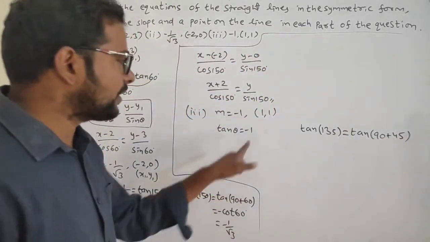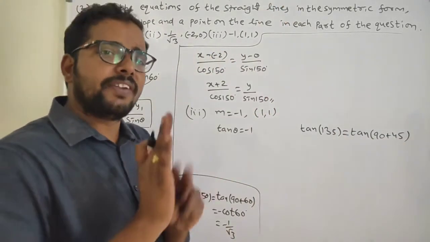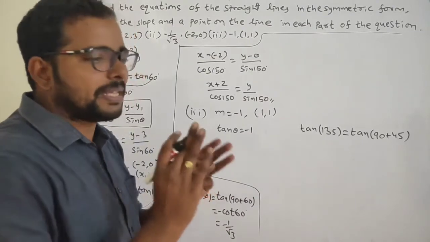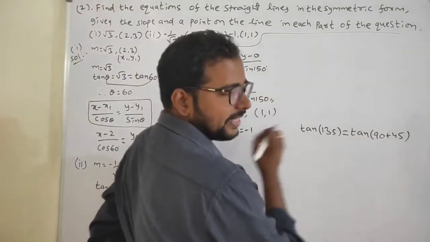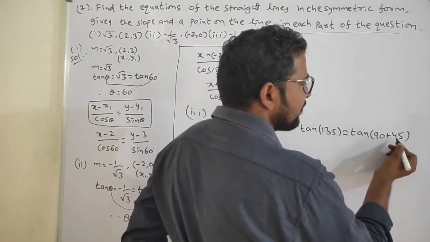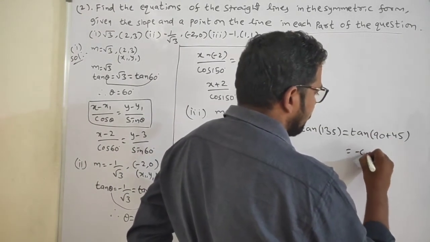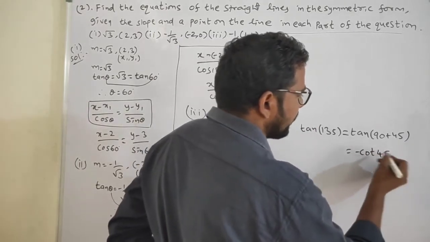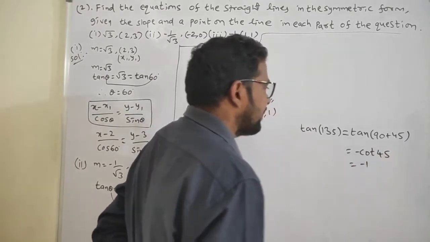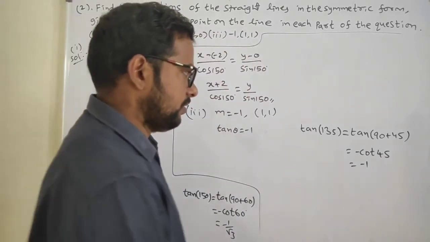135 తీసుకుంటారంటే 1 ఉంది కదా, 1 ఉండాలంటే మనకి ఓన్లీ 45 డిగ్రీస్ లో 1 వస్తుంది. అంటే 90 plus 45 అంటే 135. tan 90 plus theta అంటే minus cot theta, minus cot 45. So minus cot 45 value 1, minus 1, tan 135 is equals to minus 1.